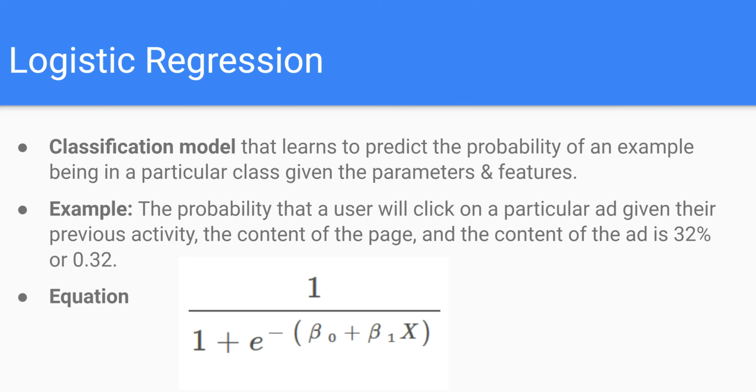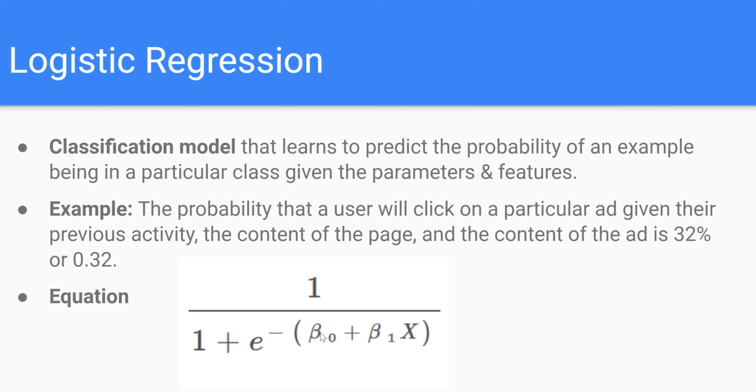The equation for logistic regression is the exact same thing as linear regression. You're going to fit the same linear regression equation to your data, but the output is going to be transformed. If you look at this equation, in parentheses in the denominator, you have your regular linear regression equation.